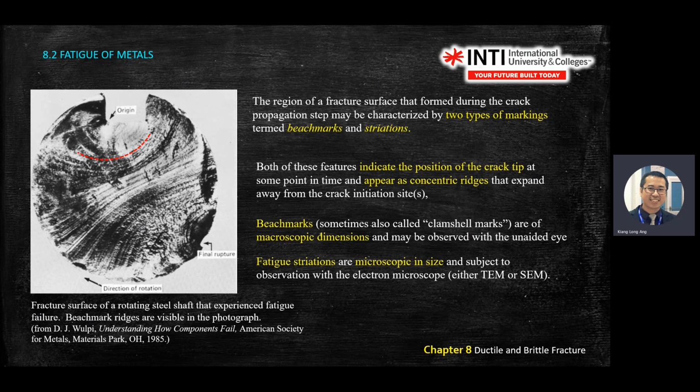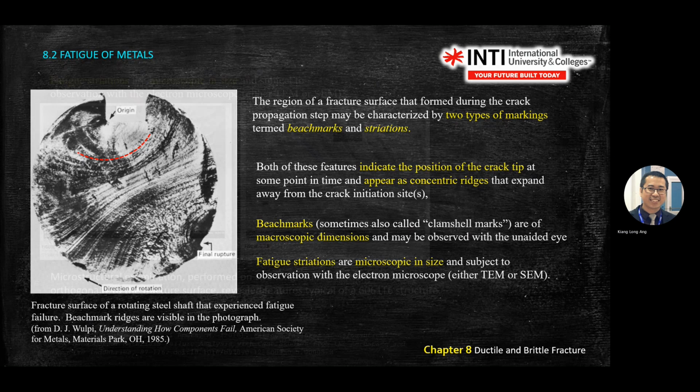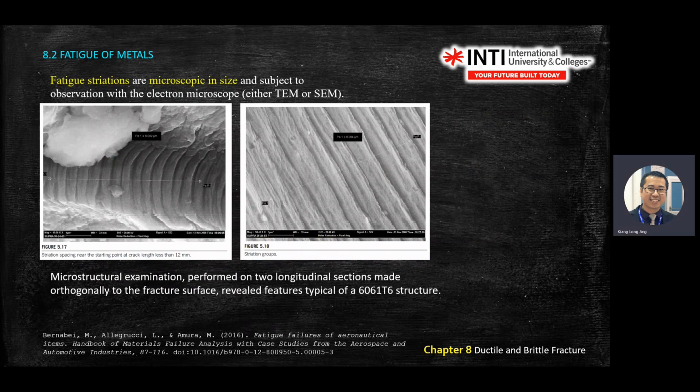The one that we have in lab is not under SEM, it is a macro microscope. This one you need to look at under a higher powered machine. So this is an example under SEM, showing fatigue striations at large zoom, normally at nano scale.